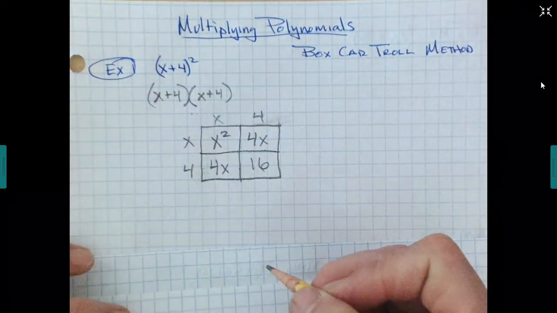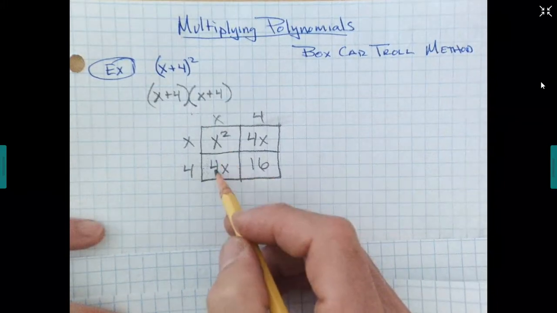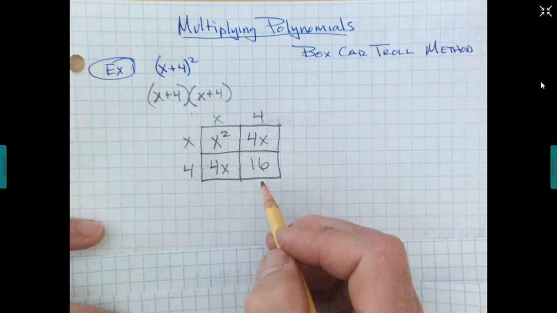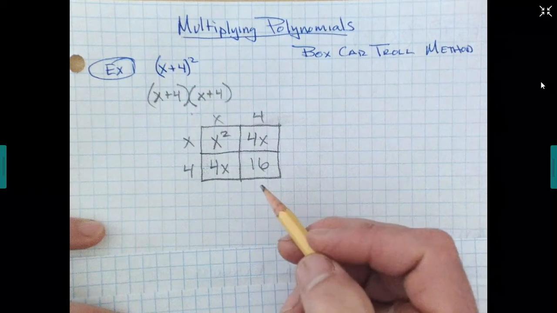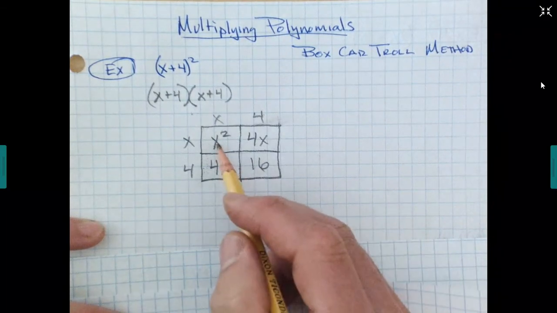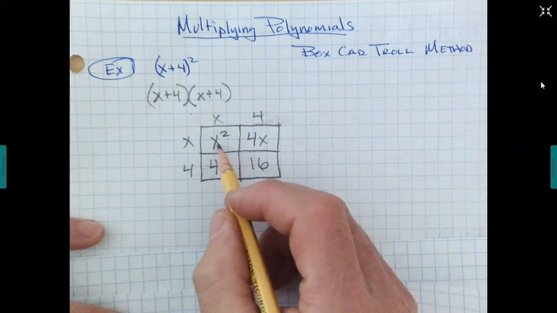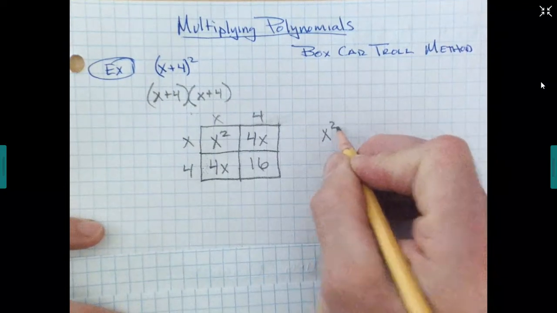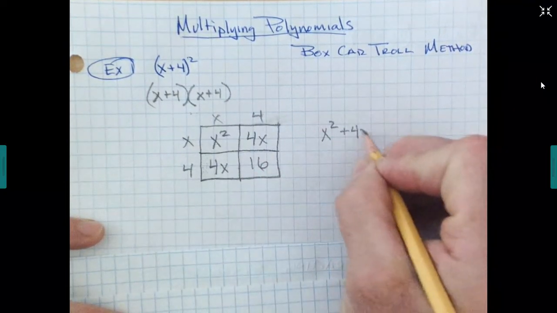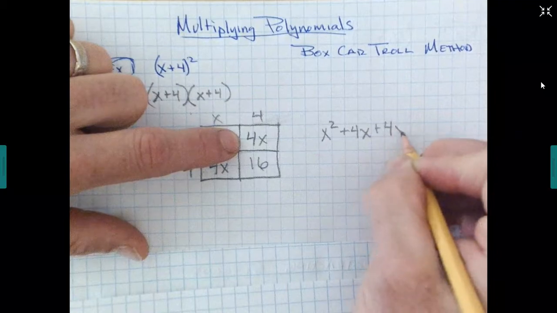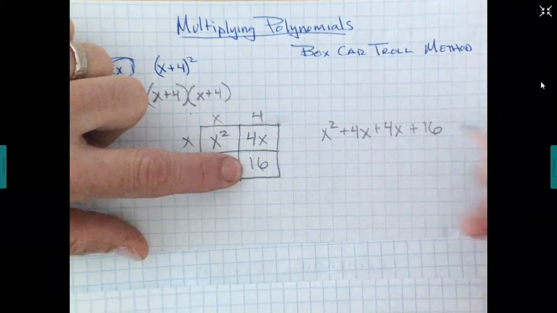And so what I do here is I write down every single one of these. I like to write them in order because it helps to get it down to standard form, and it helps to make sure I get every number. So I have x squared plus 4x plus the other 4x plus 16.